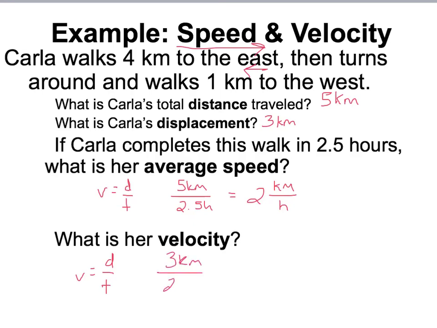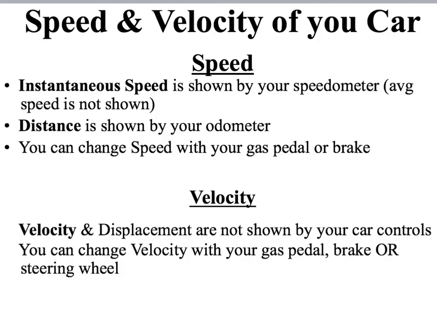And she did the same journey in 2.5 hours. So if you run this through your calculator, you get 1.2 kilometers per hour. If you want, you can leave it like this as a positive number, or you can say 1.2 kilometers per hour east.